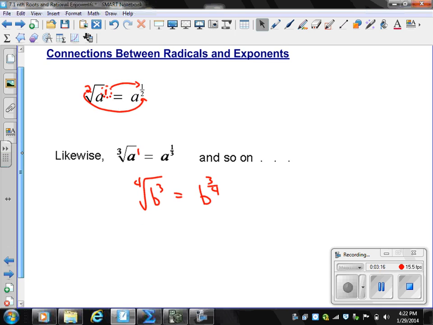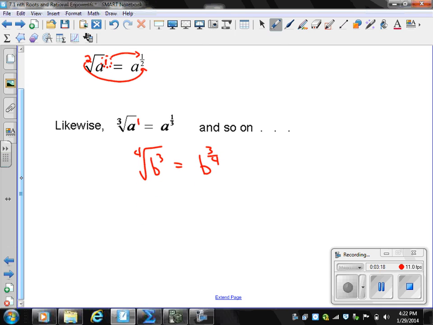And here's one more for us. I'll use a different letter, maybe c. Well, the square root of c to the 5th. Well, remember, if your index is not written, it's understood to be a 2. So I can change this to c to the 5/2.